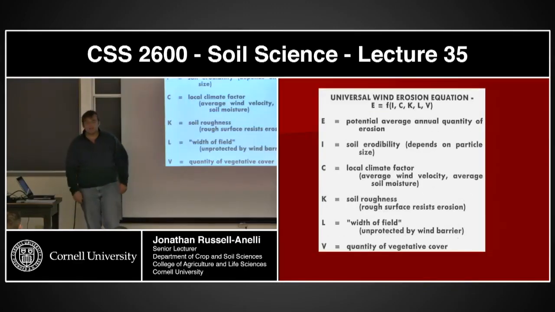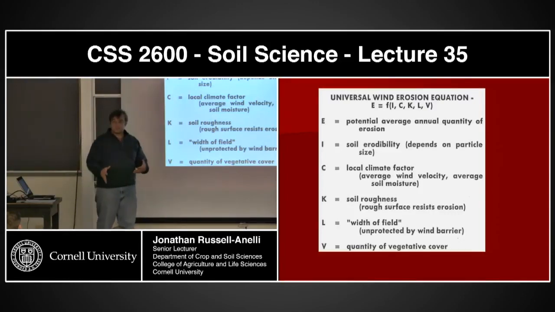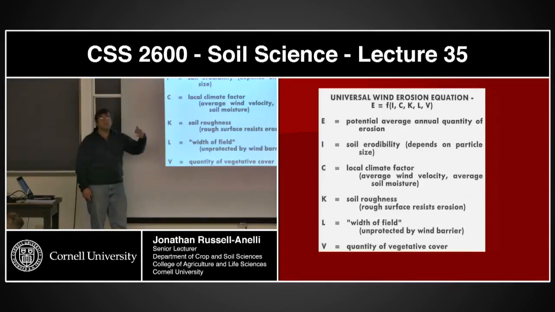Now, as with water, with wind we have a very similar equation. This is a wind erosion index, very similar to the water erosion index. E is the potential average annual soil loss through wind erosion. I is the soil erodibility itself, the nature of that soil, again, sand, silt, clay, gravel, whatever it happens to be.